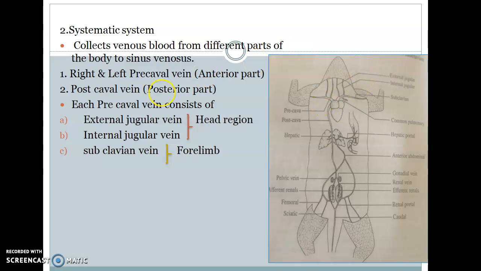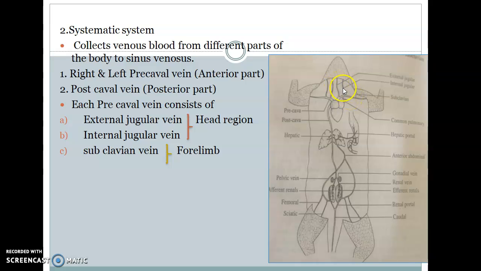Coming to the precaval vein, it consists of right and left. Each precaval vein consists of three different veins: an external jugular vein, an internal jugular vein, and a subclavian vein.